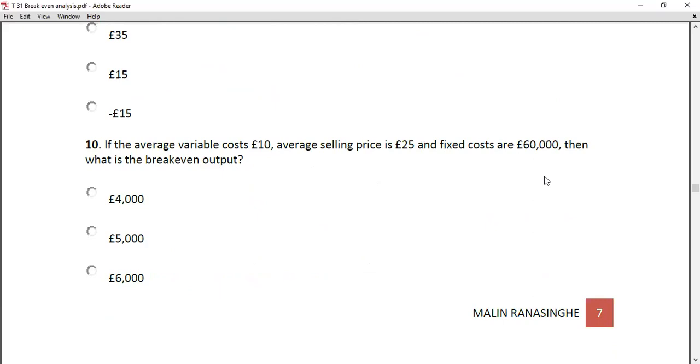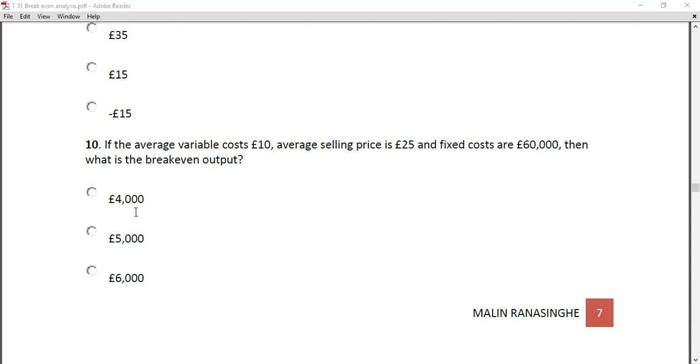What is the break-even output? Fixed cost over selling price minus variable cost. Yes, TJ got the correct answer. 4,000 quantities. Yes, 4,000 is the answer here.